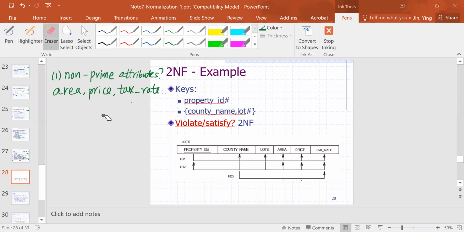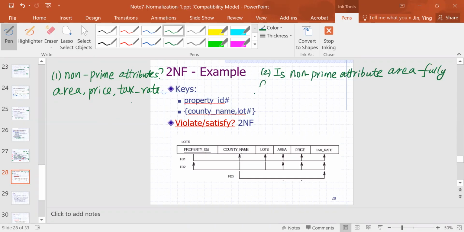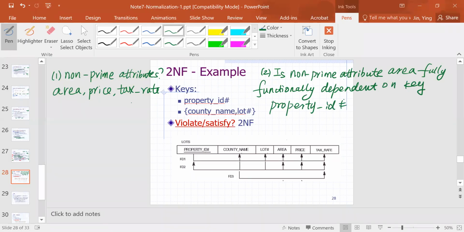Maybe using the other side, so I have a little bit more space. So my first question is, right?